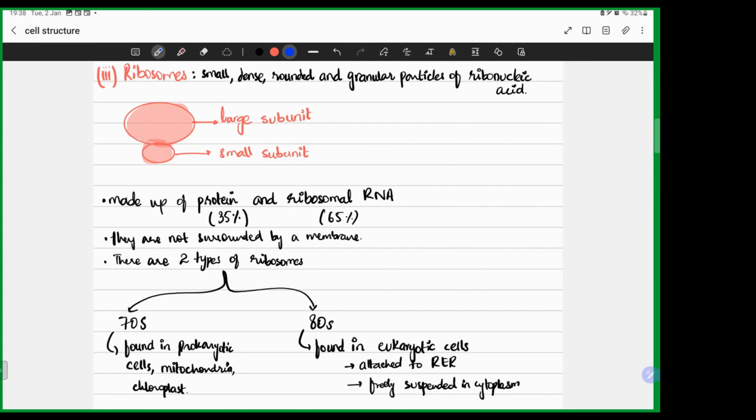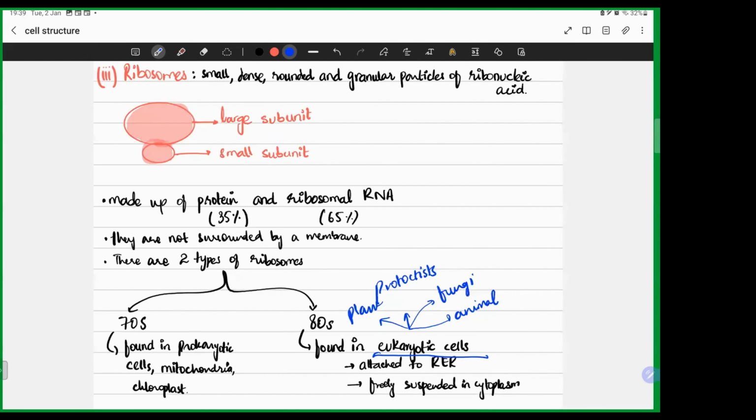But 80S ribosomes are only found in eukaryotic cells, which means that they would be present in protists, in fungi, in animal cells, and in plant cells. They would not be present in a bacterial cell because we know that bacteria belong to the kingdom Prokaryota. Okay?